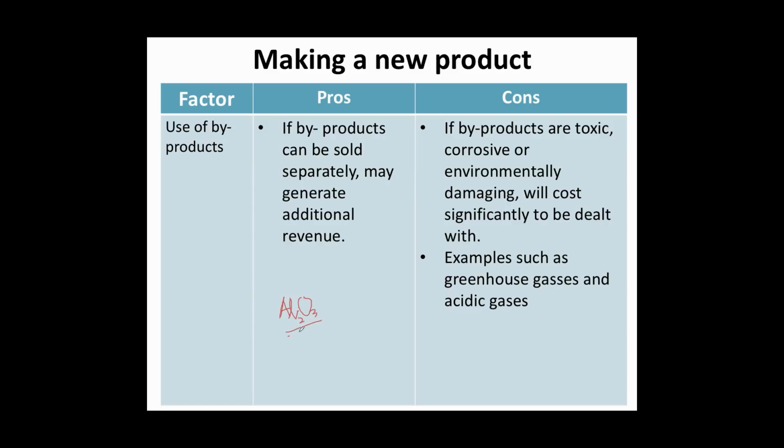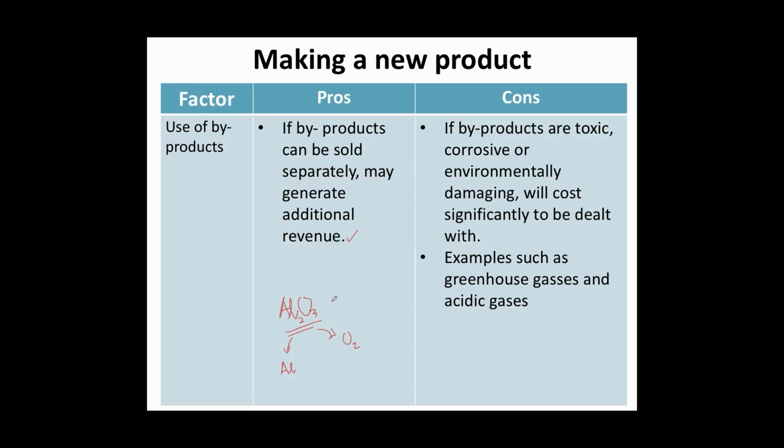But when we electrolyze this, essentially what we get is aluminium. That's what we want. And one of the byproducts that it produces is oxygen. Now, this oxygen can be collected, purified and sold separately. Oxygen is a very important substance in the medical industry. So that's an additional revenue that can be generated. So this is just an example.